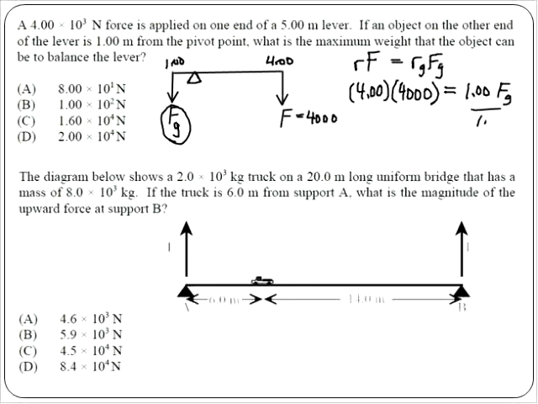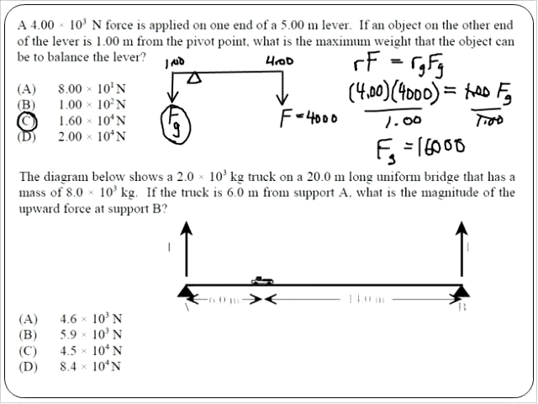So divide by 1.00, which is really not going to change anything, and we get Fg is equal to 16,000, which is actually going to be C, right there. Okay, so all of these you can see are basically the same thing. They're basically the same questions over and over again. Okay, let's do the next one.